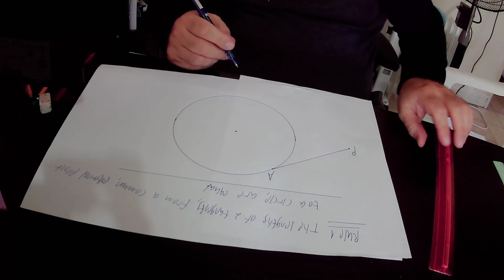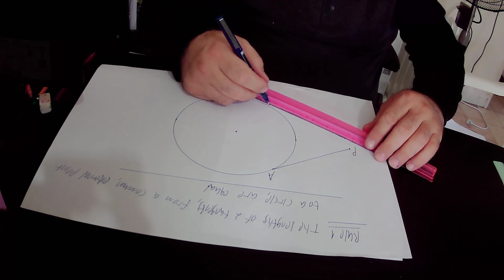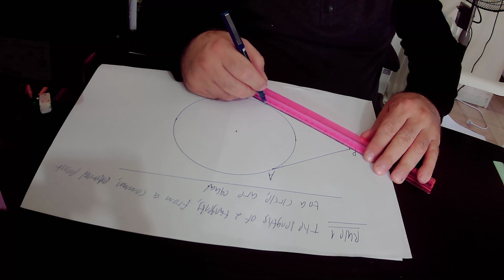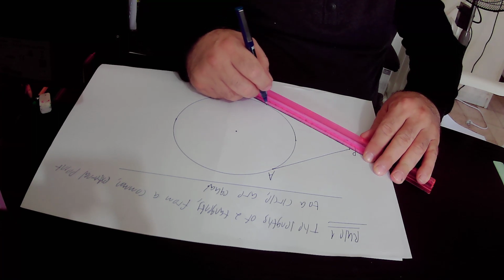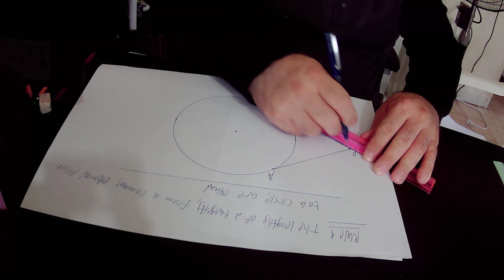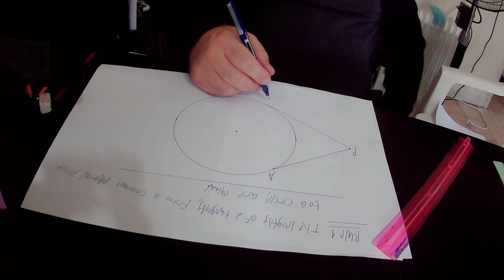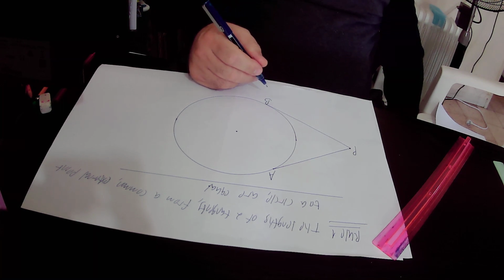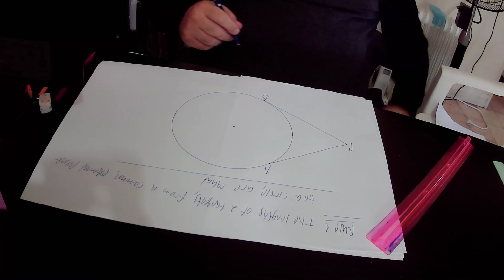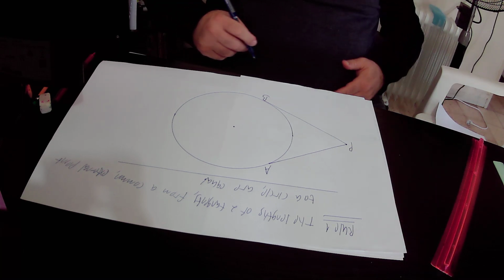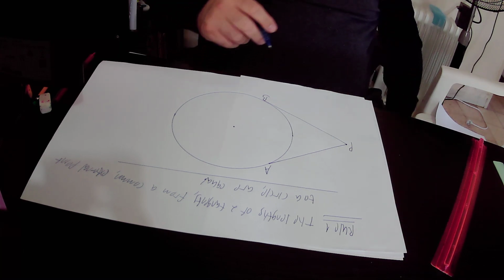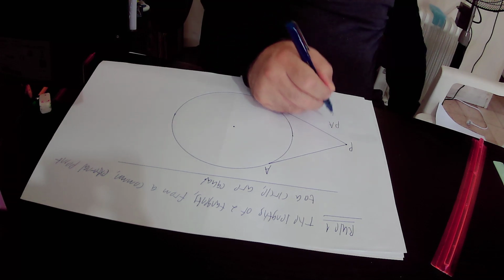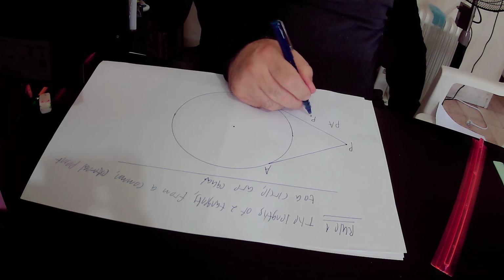Then we draw the second tangent from point P to this circle. The point of tangency of the second tangent with this circle is B. Then, according to rule number 1, the length of the first tangent is PA, and the length of the second tangent is PB.